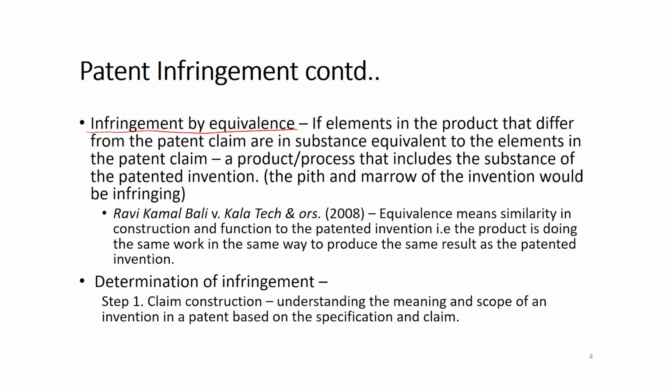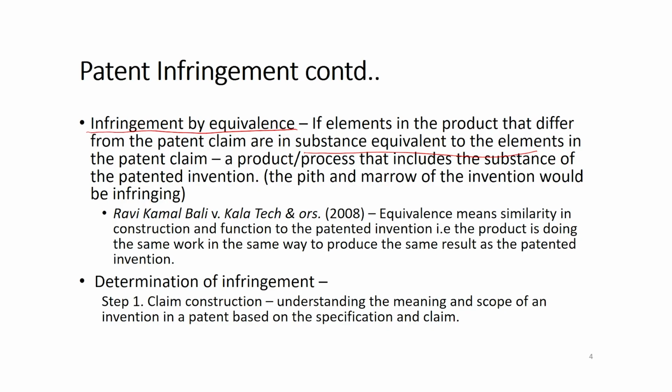Both the tables have a top, but your top is circular, my top is rectangular. This is a variant. So, this is not a case of literal infringement. I cannot say that you have literally infringed my patent right. But then the variant is in substance equivalent to the plaintiff's product.